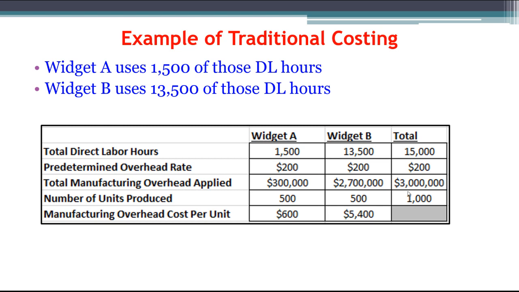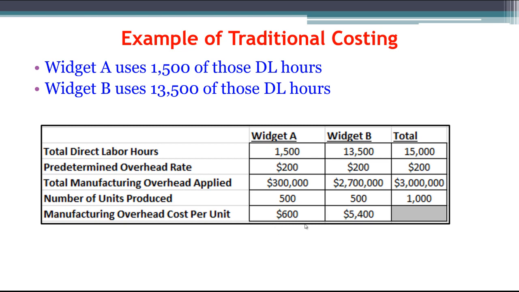Now in this case, that's a very simplistic example because we did indeed use exactly 15,000 direct labor hours. In reality, you're probably going to fall a little bit short or go a little bit above your estimate. Now, generally, because we want to know how much each product cost us so we can determine the proper price, we're going to divide our overhead by the number of units produced to get a manufacturing overhead cost per unit.